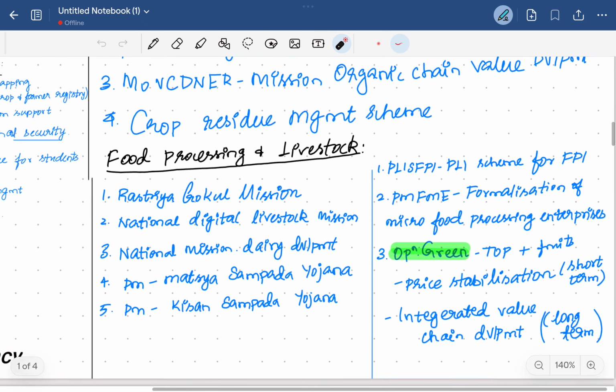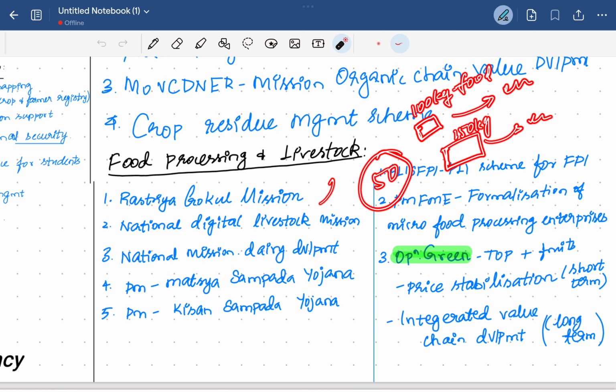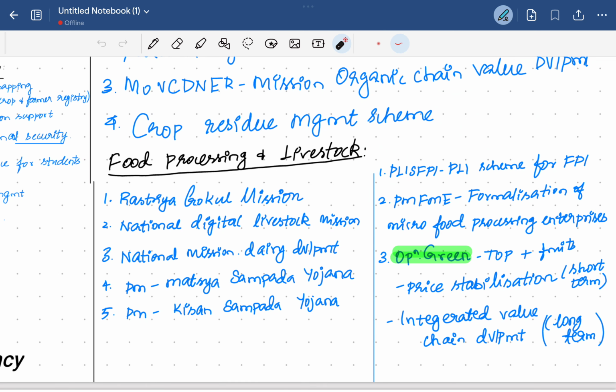Then the PLI scheme for food processing industries, that is the production linked incentive scheme, which you have already seen in the manufacturing sector. It's nothing but, you see, if a company produces 100 kg of food product and exports it, and another time the government announces a scheme and the company produces around 150 kg and exports it, for this extra 50 kg of production and exporting the company gets some incentive.